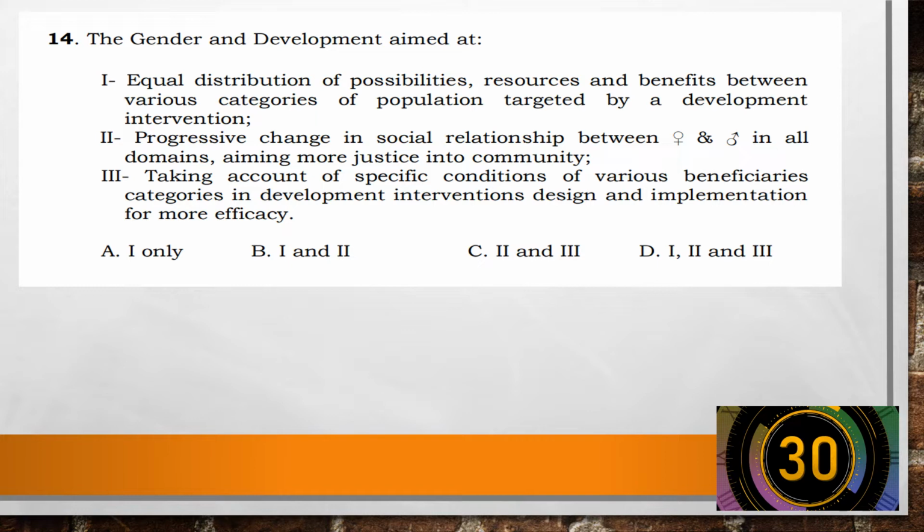Number 14, the gender and development aimed at: first, equal distribution of possibilities, resources, and benefits between various categories of population, targeted by a development intervention. Second, progressive change in social relationship between male and female in all domains, aiming more justice into community. Third, taking account of specific conditions of various beneficiaries, categories, and development interventions design and implementation for more efficacy. Letter A, 1 only. Letter B, 1 and 2. C, 2 and 3.